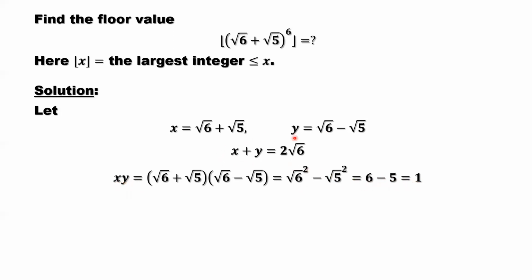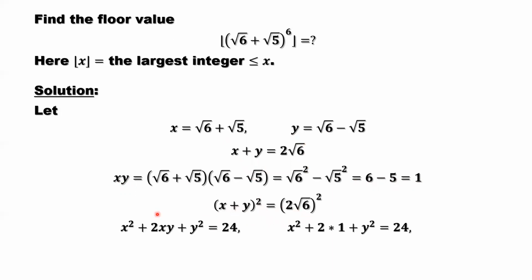Now from this formula, we can square both sides. Square both sides. So left-hand side, we use the formula. That's x squared plus 2xy plus y squared equals 2 square root of 6, then squared. 2 squared is 4, square root of 6 squared is 6. 4 times 6, that's 24.